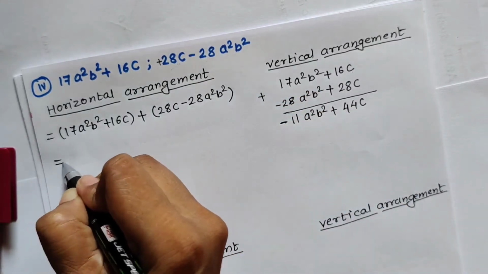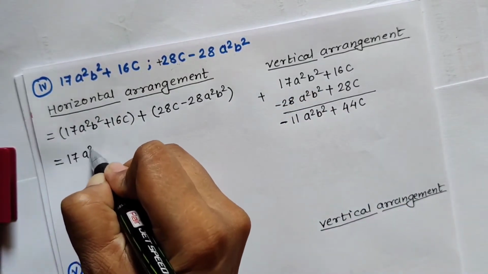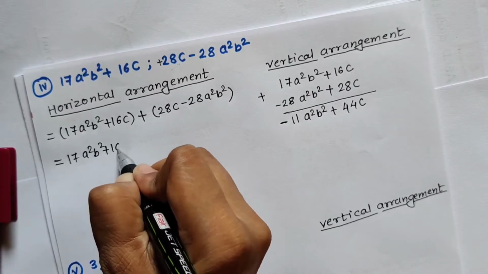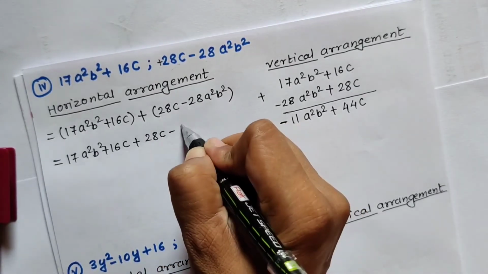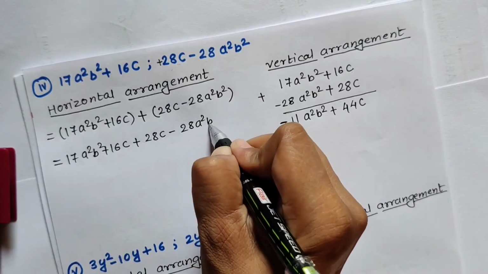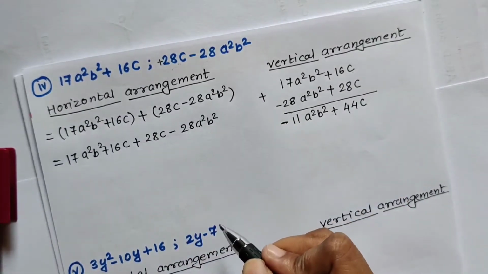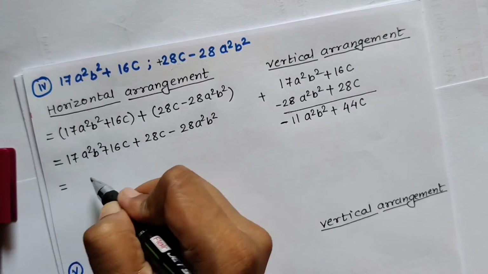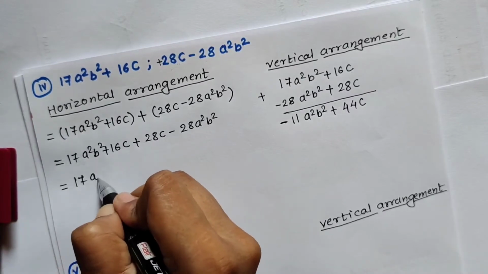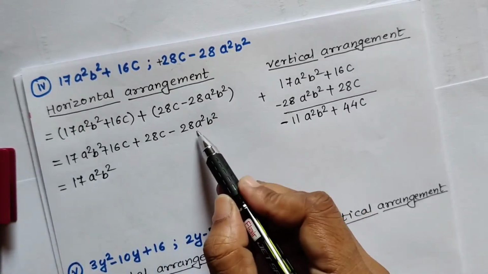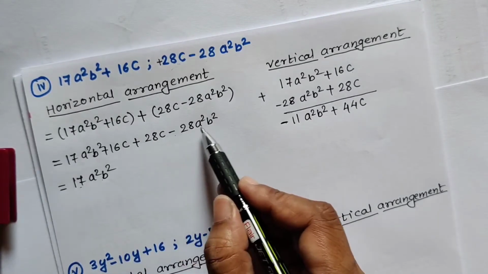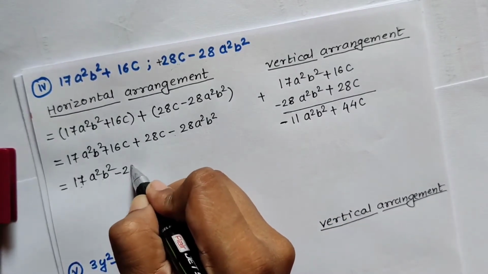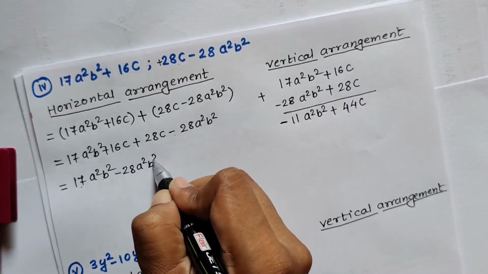Now we will remove the bracket. 17a square b square plus 16c plus 28c minus 28a square b square. Now next step is to write the two like terms together. So 17a square b square, and then with this 17a square b square we are going to write this minus 28a square b square.